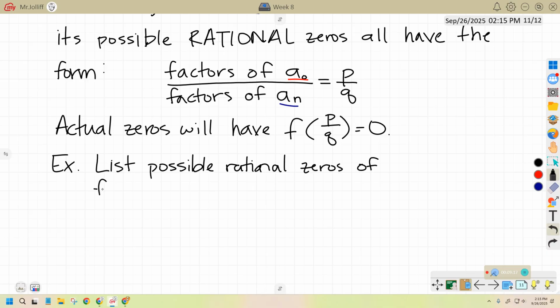So we're going to list the possible rational zeros of 2x cubed plus x squared minus 4x plus 1.